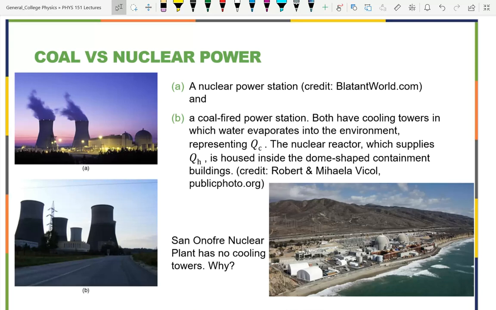So nuclear power plants often have cooling towers that look just like those in a normal coal or oil-burning power plant. I put here a picture of San Onofre. San Onofre doesn't have cooling towers. Why do you suppose it doesn't have cooling towers?